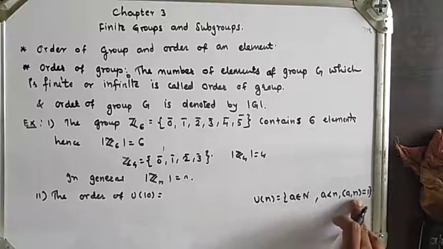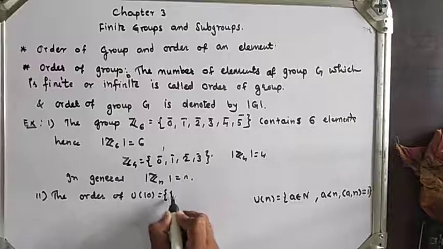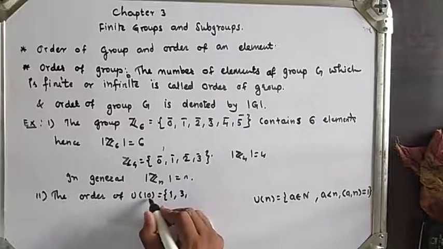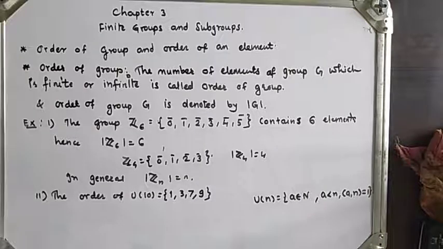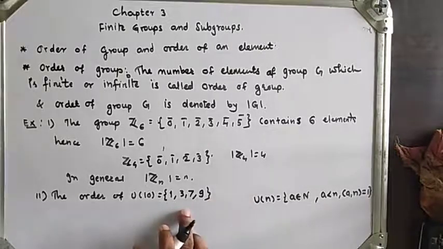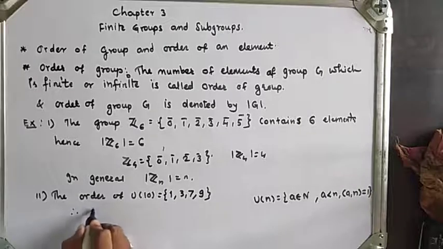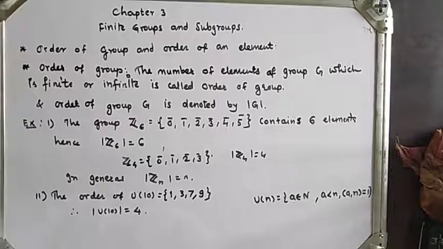So the numbers which are relatively prime to 10 and less than 10 are 1, 3, 7 and 9, each having GCD 1 with 10, under multiplication modulo 10. There are total 4 elements, therefore the order of U(10) will be 4.